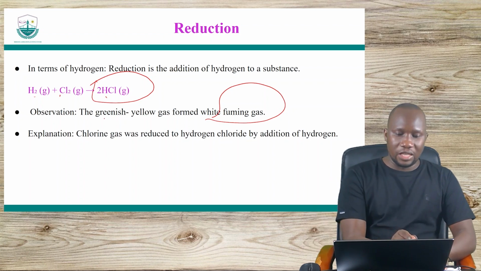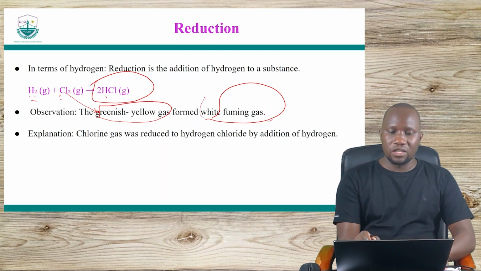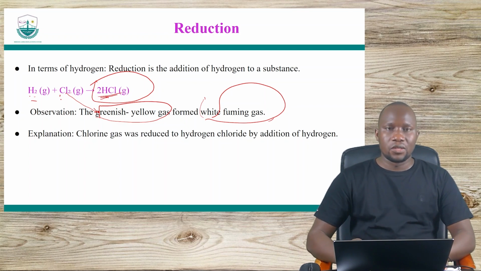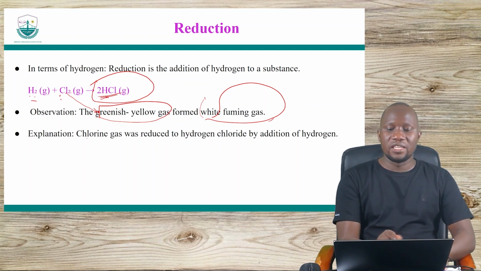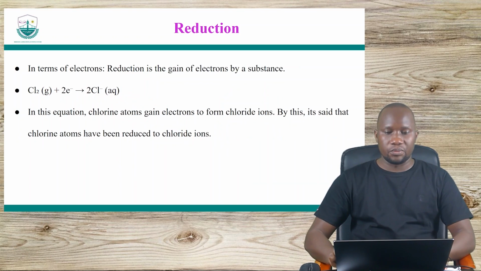So this greenish yellow gas is the chlorine here. It's the one that turns, as a result of this reaction, to white fumes of hydrogen chloride gas. So in this case, we are saying that chlorine is being reduced to hydrogen chloride by addition of hydrogen.